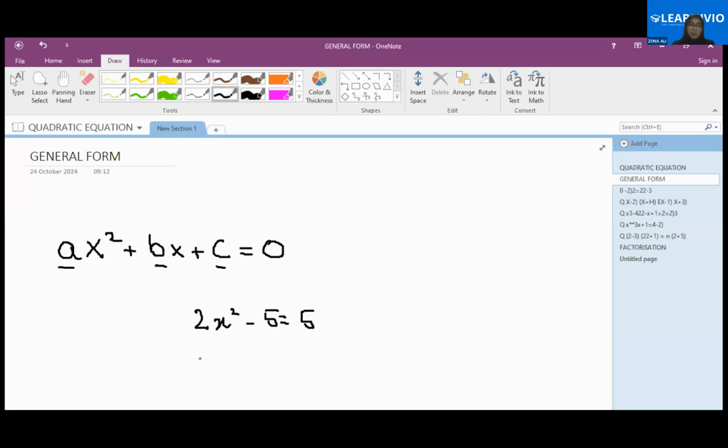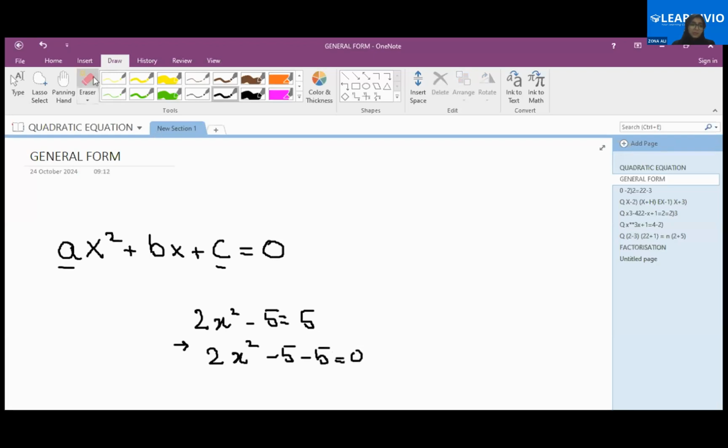No. See, if you simplify this equation, you can also write it as 2x square, taking this 5 on the other side, this will go as minus 5, right? Minus 5 minus 5 is equal to 0.